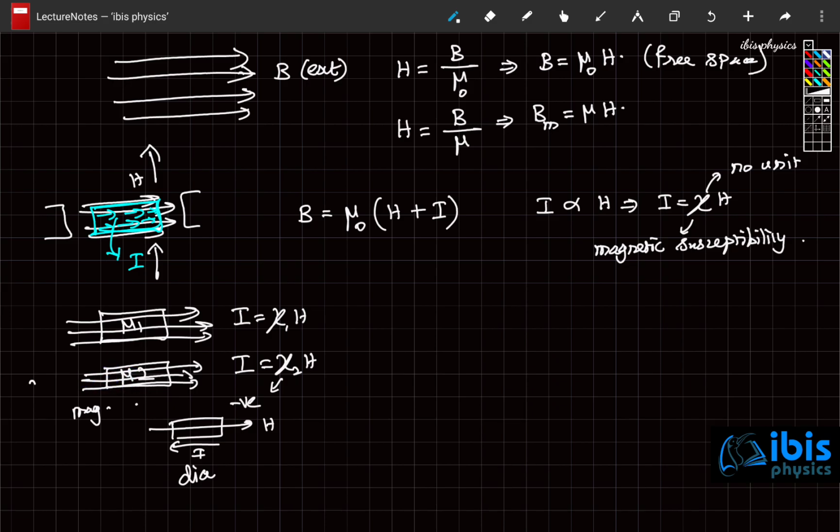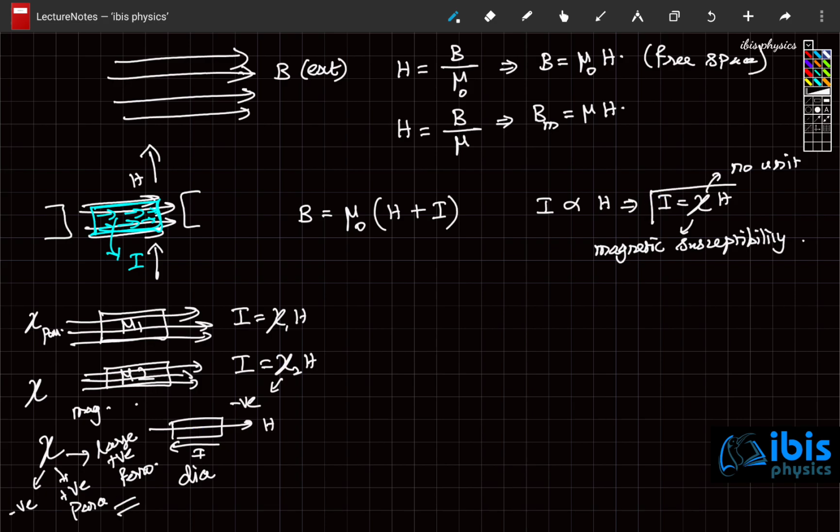When the susceptibility is large, they are called ferromagnetic materials. Susceptibility that is normal, small positive values, are called paramagnetic materials. So susceptibility is negative for diamagnetic, positive but small for paramagnetic material, and large positive for ferromagnetic materials.